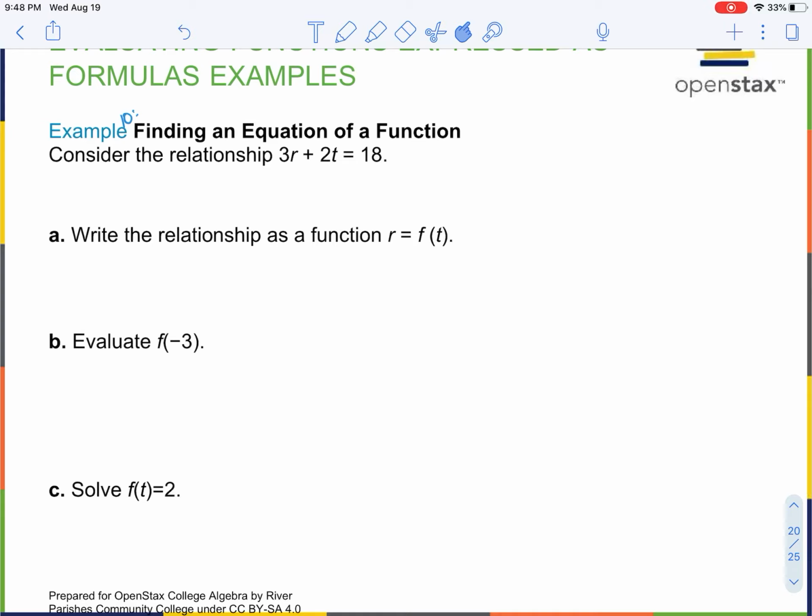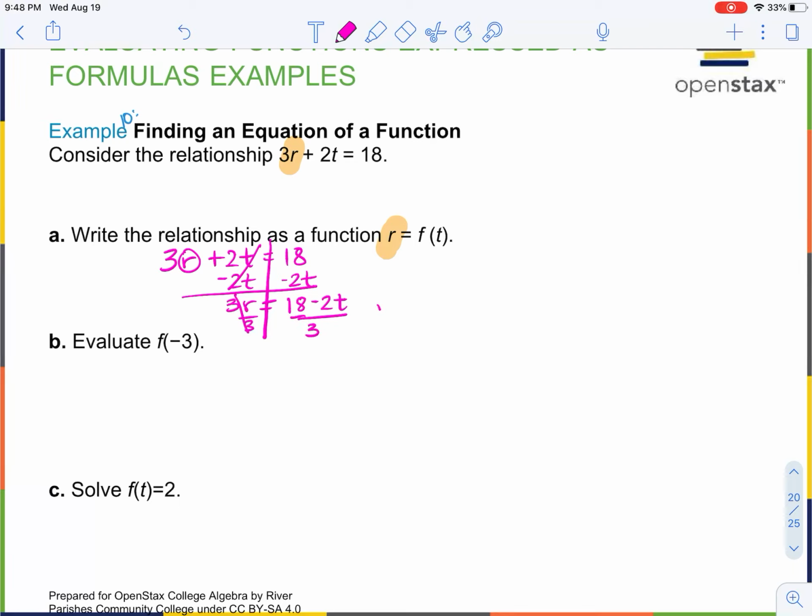All right, so let's try another one. Consider the relationship 3r plus 2t equals 18. We're going to write the relationship as a function r equals f of t. So r, the output, is a function of the input t. So in this case, r is what we want to solve for. So 3r plus 2t equals 18. Draw a line to show the two different sides. Subtract 2t from both sides. That leaves us with 3r, because the 2t's cancel, equals 18 minus 2t.